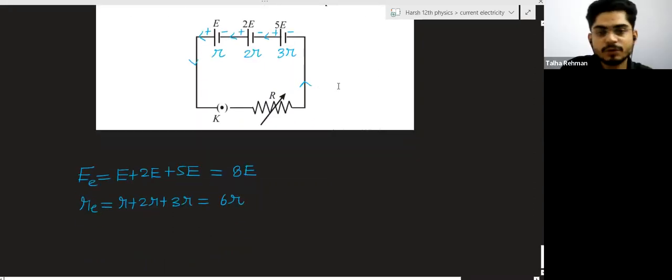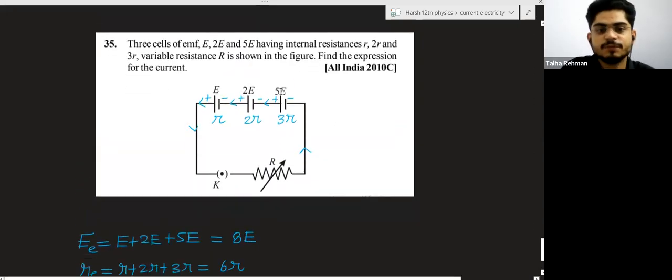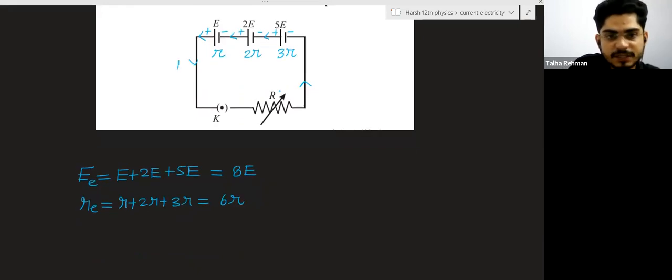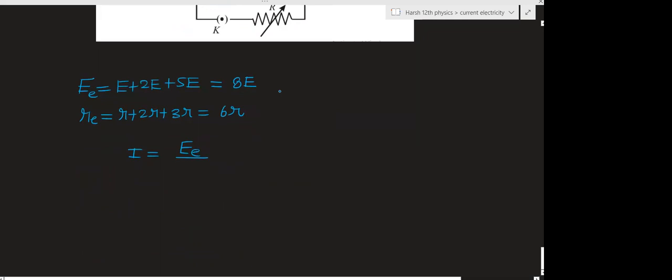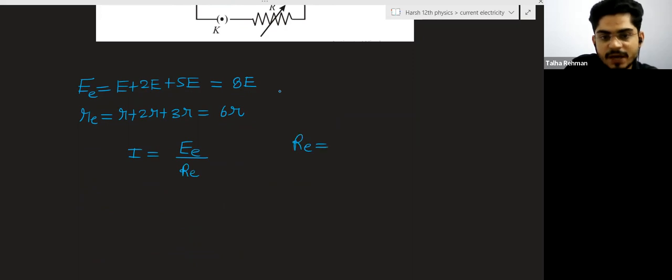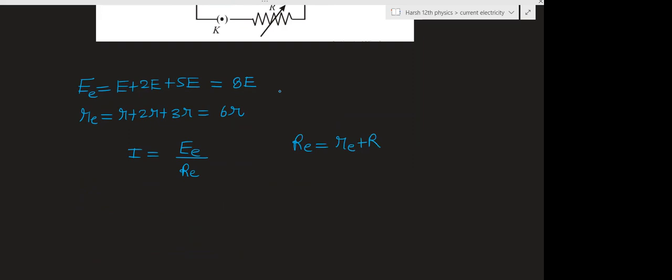Now in this question, find the expression for the current. So this current you have to find. Current is equivalent EMF divided by the total equivalent resistance. And what is RE? RE is the total internal resistance plus the external resistance.